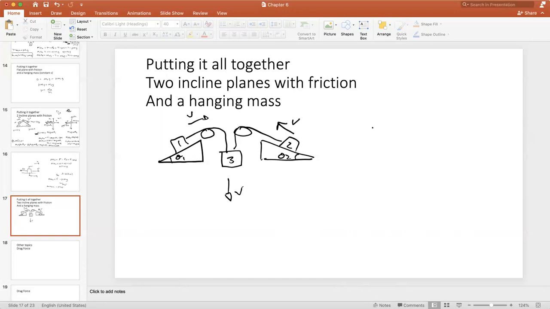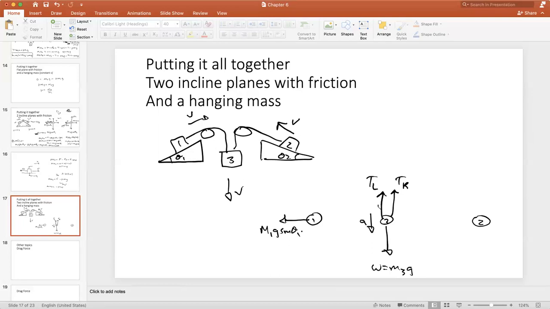So how do we draw the free body diagrams for 1? I'm going to draw 3 in the middle, and 2. 3 is easy. I'm assuming it has a tension from the left block and a tension from the right. I could also write this as 1 and 2. It might make more sense to be 1 and 2. And then it has a weight, which is M3G, and A is down, therefore positive down. Now, number 1 has M1G sine theta 1, and it's going to have a force of friction, mu N1. It's going to have N1.